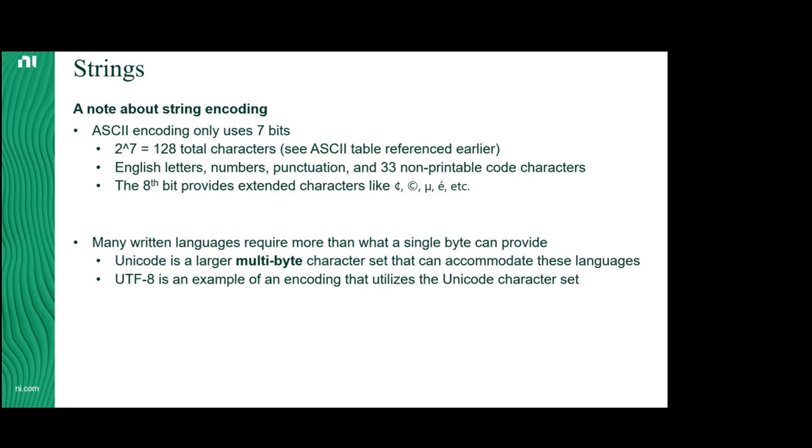And so there are other character sets that can accommodate that. And Unicode is the most common character set that utilizes multiple bytes to accommodate way more characters. And ASCII encoding just uses those 7 bits that I talked about before. UTF-8 is an encoding that utilizes the Unicode character set to provide way more characters. So now we're talking about Asian languages that have thousands of characters.